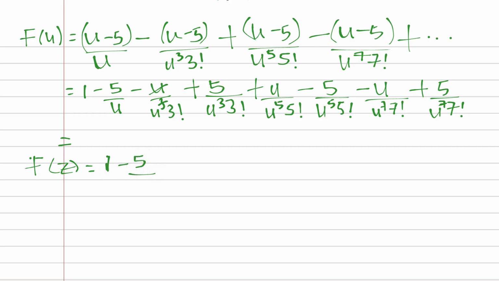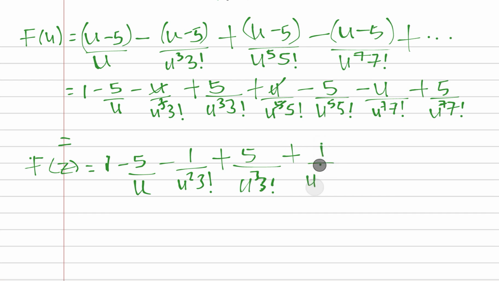All those u in the numerator can be cancelled out. Then minus u will cancel 1 here, so this is 1 over u raised to power 2, 3 factorial, plus 5 over u raised to power 3 factorial, plus u will cancel u here to remain 4, so 1 over u raised to power 4, 5 factorial.